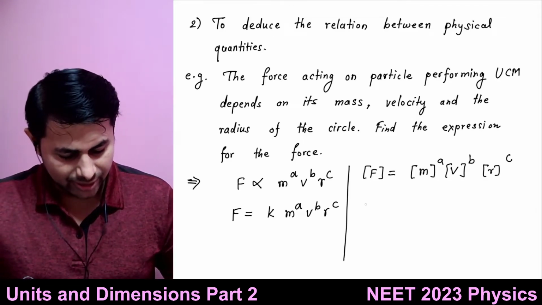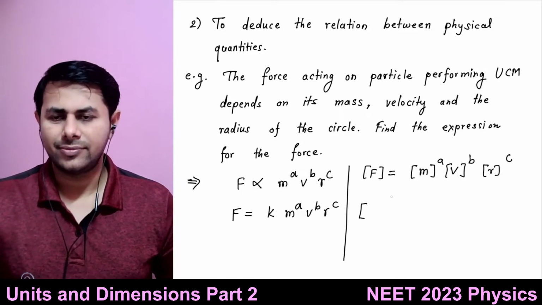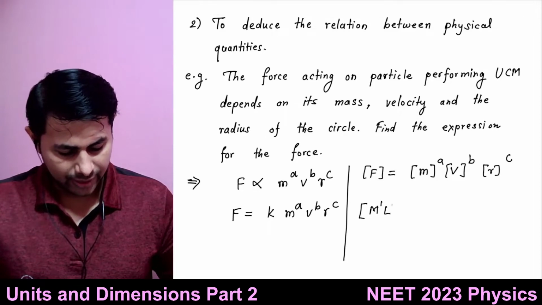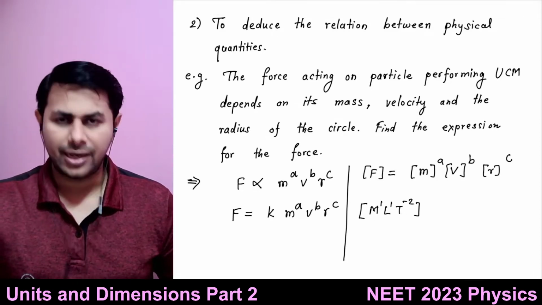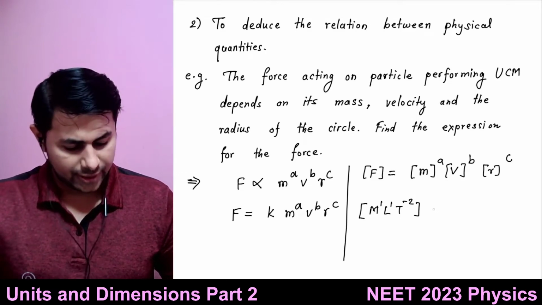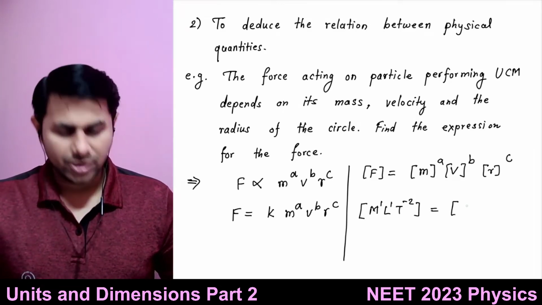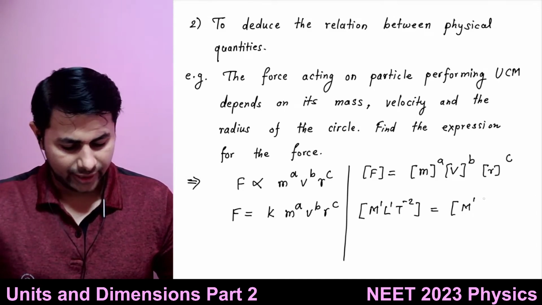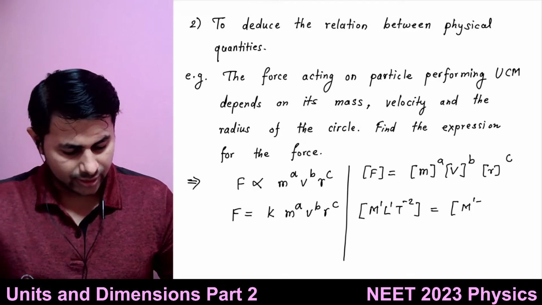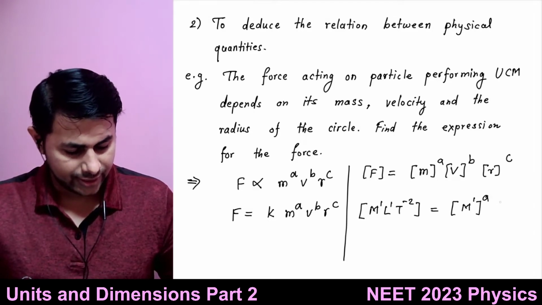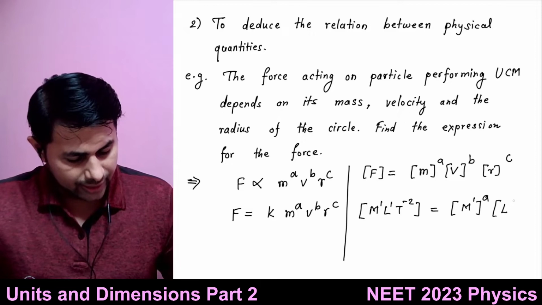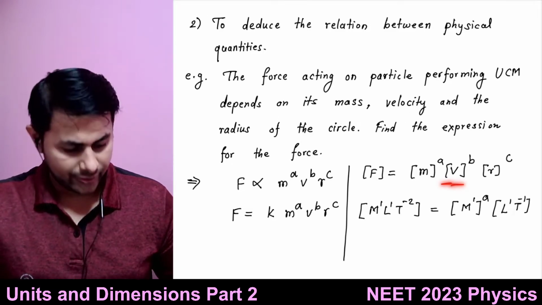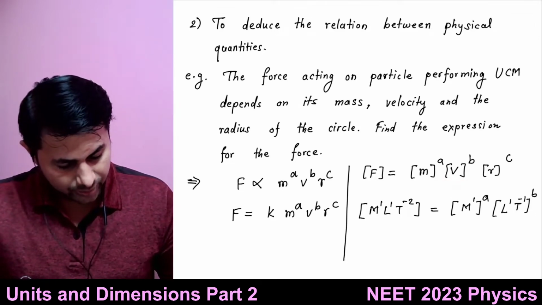What are the dimensions of F? M L t^-2: M^1 L^1 t^-2. The dimensions of m are M^1, so it is M^1 to the power a. For velocity it is L^1 t^-1, to the power b.